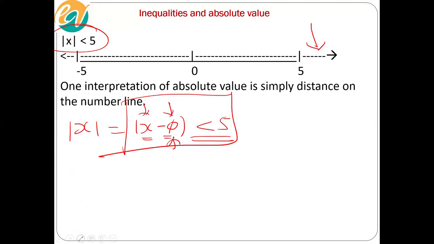So x cannot be this. Okay. Can x be this? Notice the distance of x from 0 here is lesser than 5.